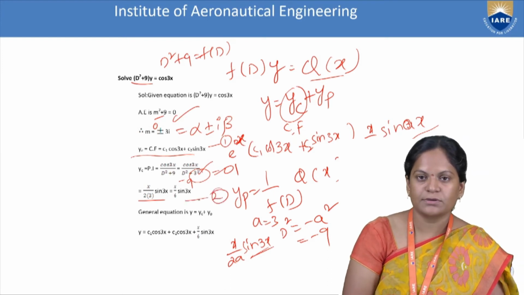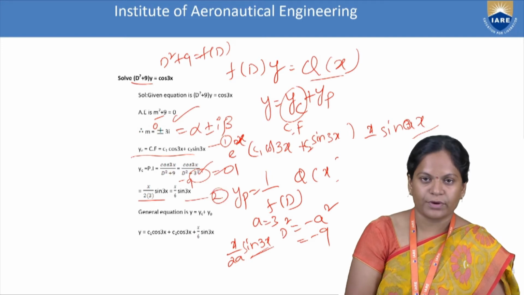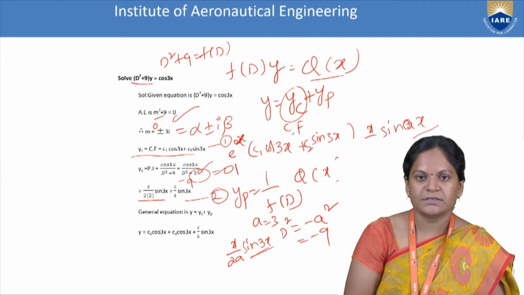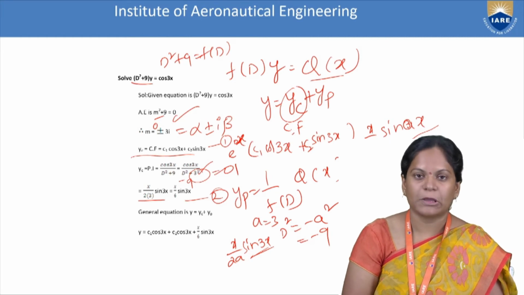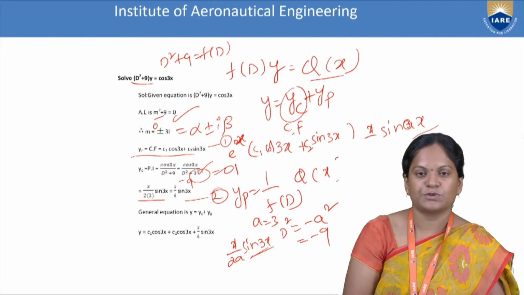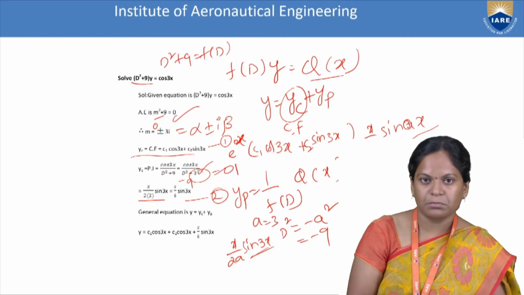Now the general solution becomes y equal to yc plus yp. Yc we find based on the complementary function and yp based on q of x. Both yc and yp together give the complete solution of the given differential equation.